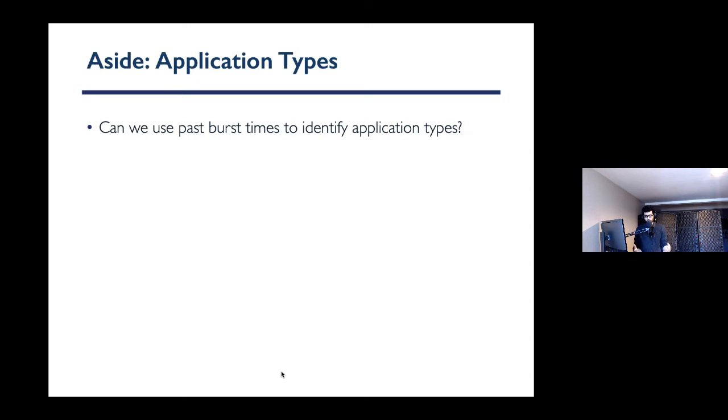People have tried to use past burst times to somehow classify application types. You will see why this has been done later on, but now that we're talking about prediction and CPU burst time and such, it's a good time to think about this.